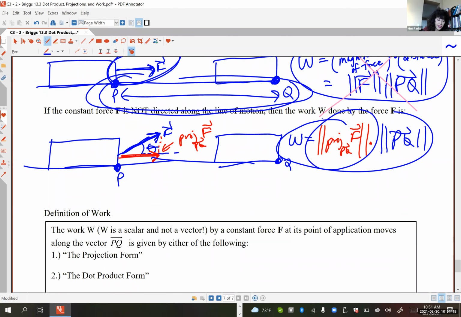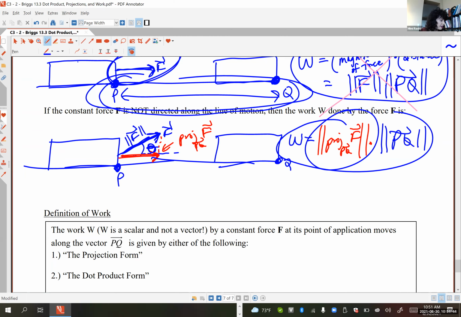So how do you get this projection of F on PQ? The easy peasy way, in case they didn't give you much info. Let's say they just gave you the magnitude of F and the angle that F makes with the horizontal. They're the only two things you have. You can't use the projection formula on the previous page because that requires component form and you don't have either here.